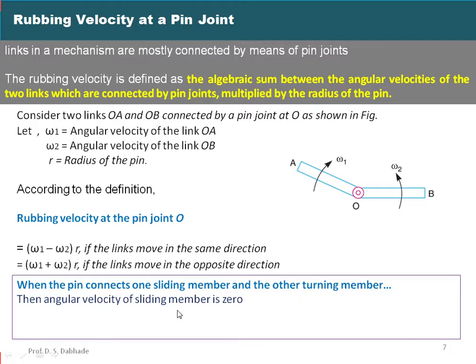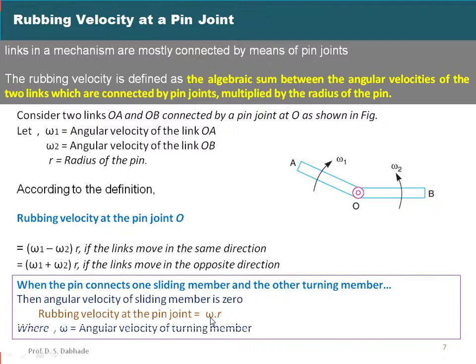With this we can calculate the rubbing velocity at the pin joint by the equation omega into r. What is this r? It is the radius of the pin, and omega is nothing but the angular velocity of the turning member.